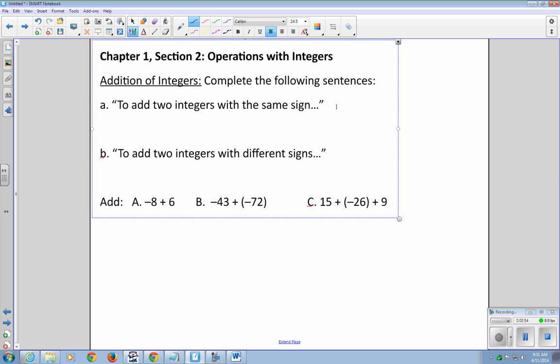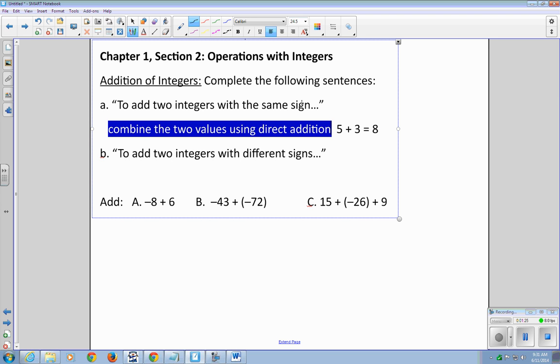To add two integers that have the same sign, we're going to combine the two values using direct addition. For example, if I wanted to add 5 plus 3, I'm going to get 8, a very direct thing. On the other hand, if I wanted to take two values with the same negative sign, I could add them directly, just numerically.